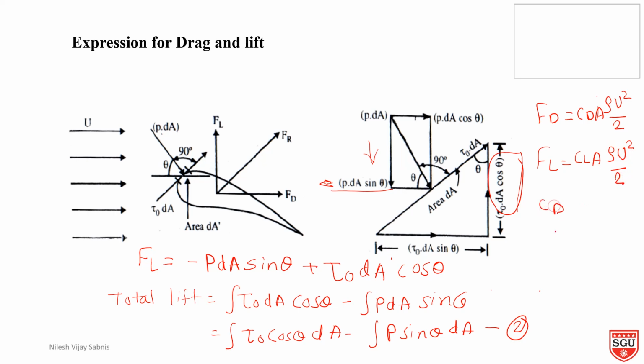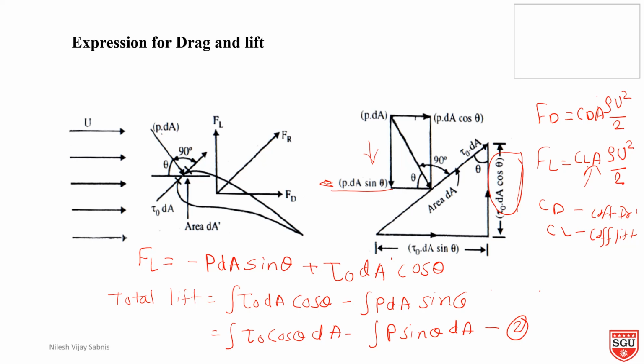CD and CL are the coefficient of drag and coefficient of lift. And A is the area of the body, which is the projected area of the body perpendicular to the direction of flow.